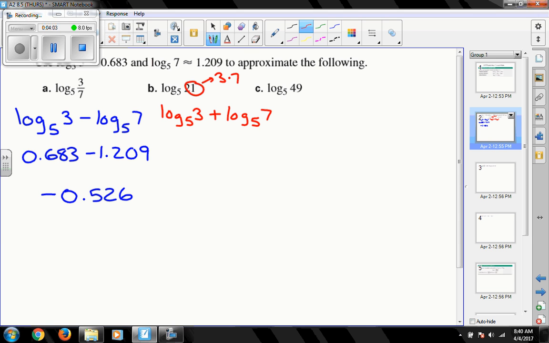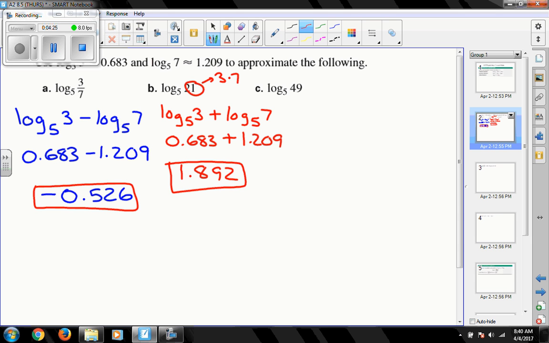Log base 5 of 3, again given to us in the problem, is 0.683. And log base 5 of 7 is 1.209. We add those together to get 1.892. And that is the answer we're looking for, as well as this negative 0.526 was the answer we were looking for in the last problem.